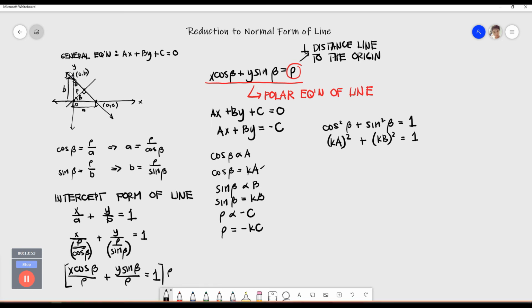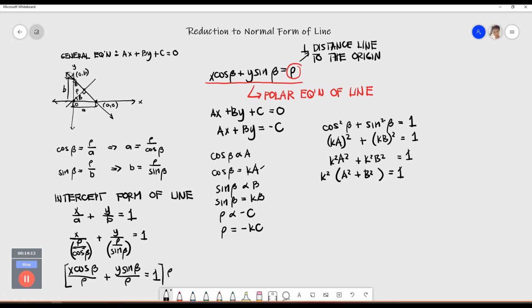Simplifying, k squared a squared plus k squared b squared is equal to 1. Then let's factor out k squared. What is left is a squared plus b squared.